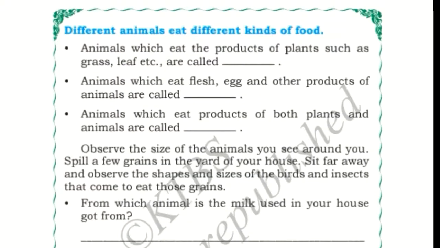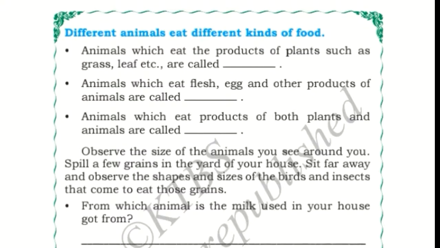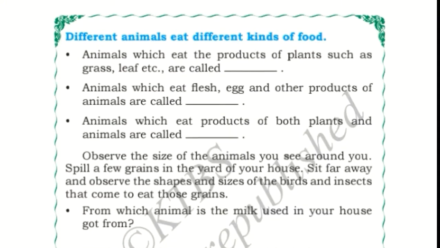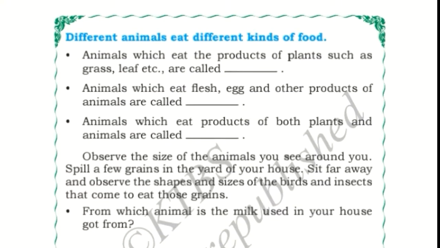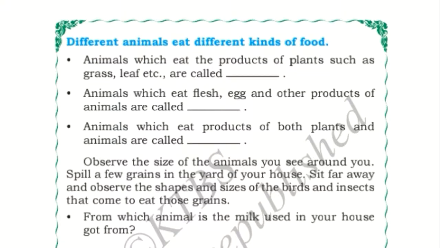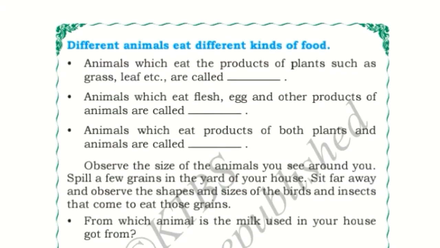Here different animals eat different kinds of food, right? Based on what the animals eat, the animals are classified into three groups. This one we have already studied in the third standard. So here let us fill in the blanks. Animals which eat the product of plants such as grass, leaf, etc. are called dash.